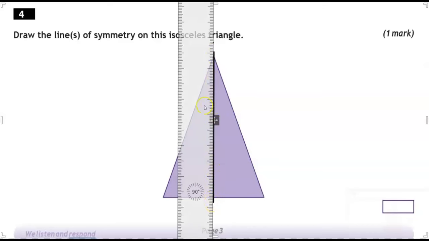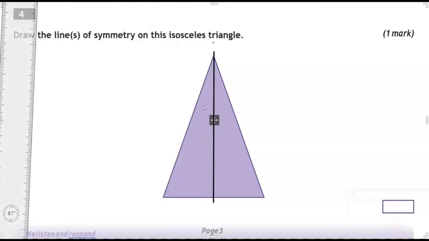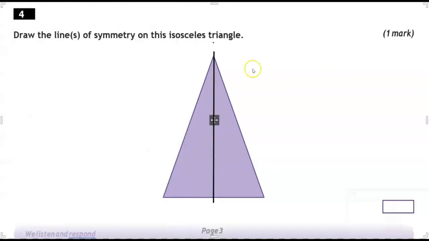And that's the line of symmetry. If it was an equilateral triangle, you'd have 3 lines of symmetry, another one going like this, and another one here. If it was scalene, then you'd have no lines of symmetry at all.